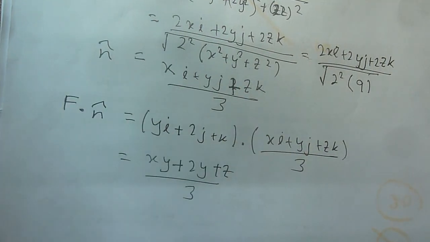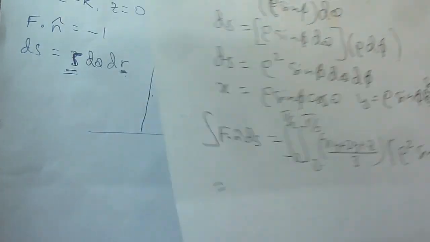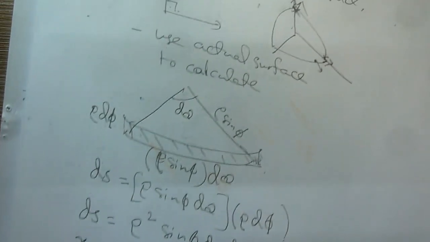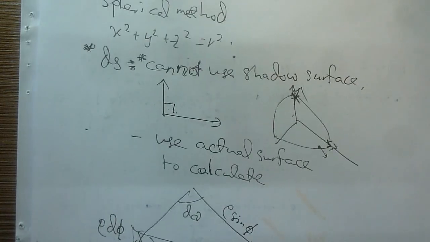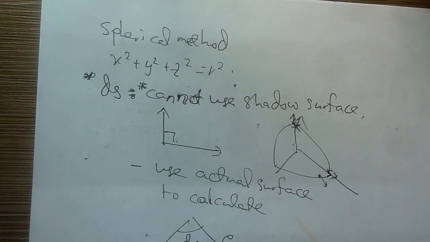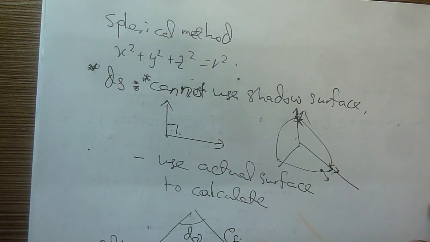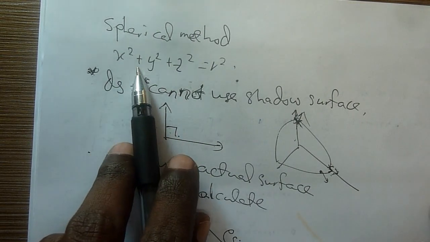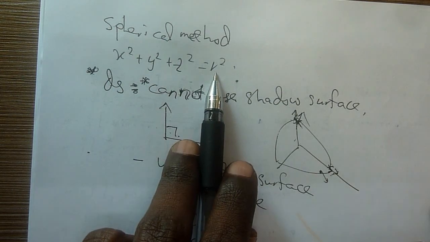As a continuation, we learned what we call the spherical method. It's a very quick revision, because my camera stopped halfway and I wanted to continue that. x squared plus y squared plus z squared equals r squared.